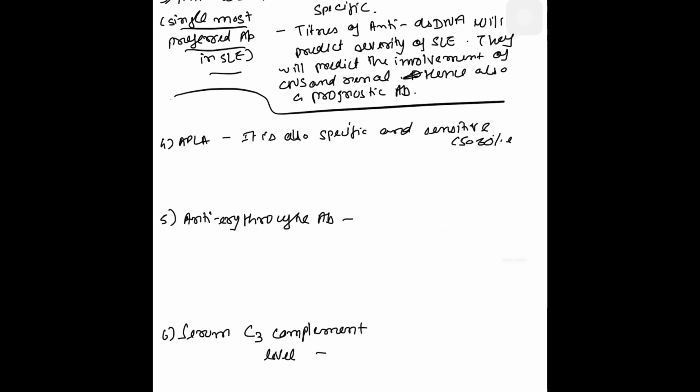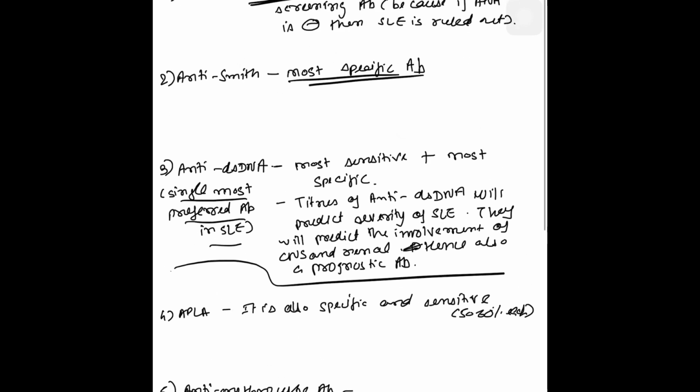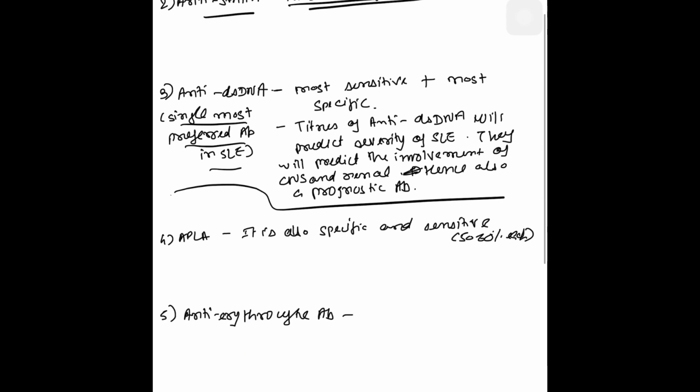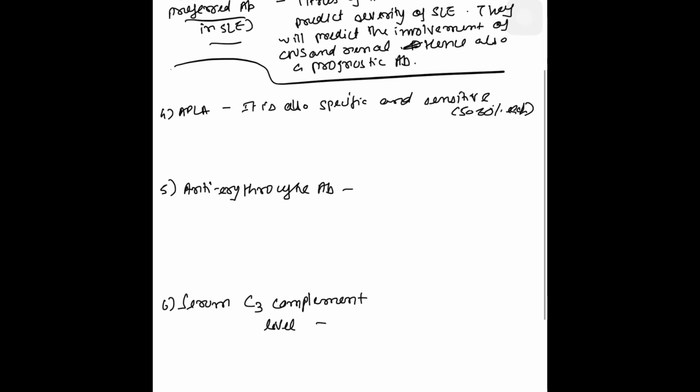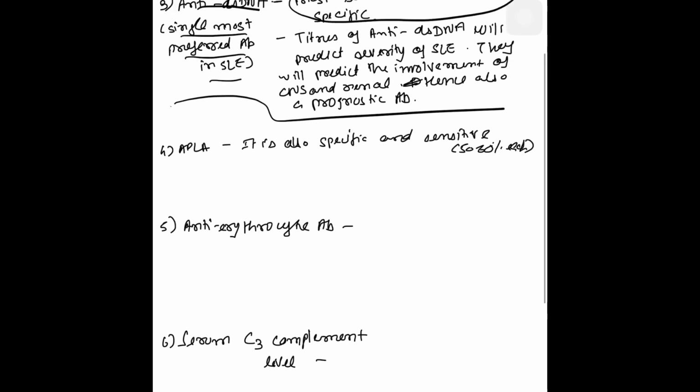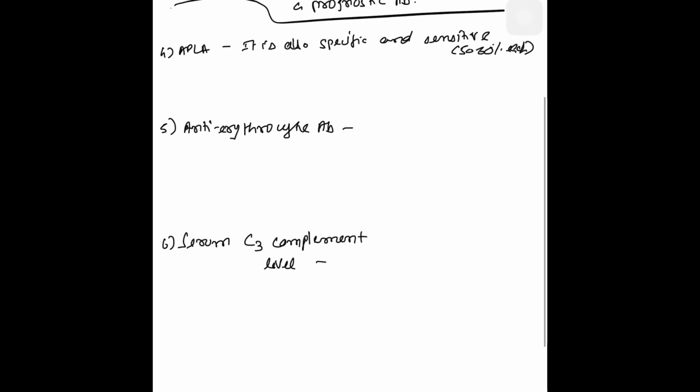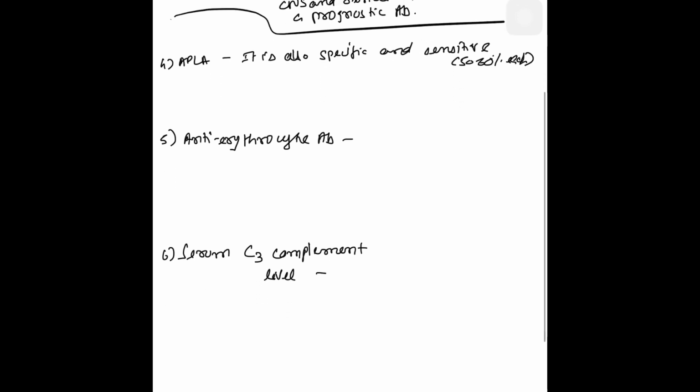But remember, most sensitive is ANA, most specific is anti-Smith. Both most specific and sensitive is anti-dsDNA. APLA is specific as well as sensitive, but it is not that much sensitive and specific.